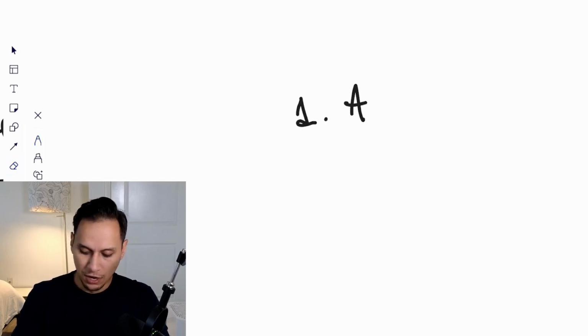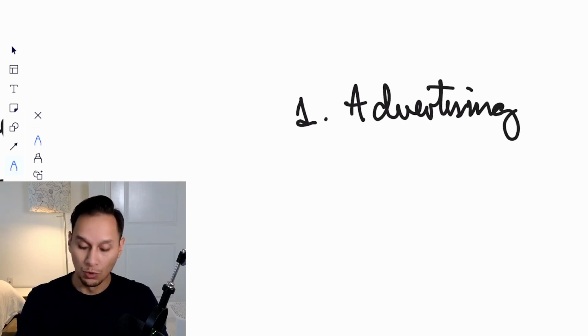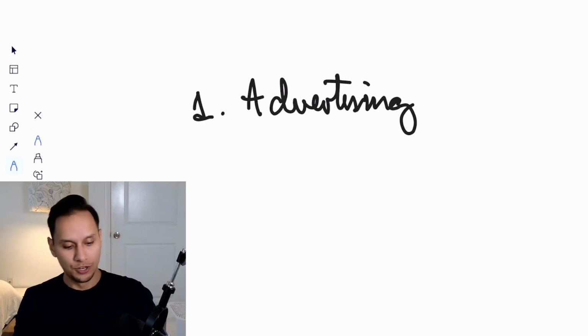Depending on how fast you want to grow your studio, right? If you're looking to grow really quickly, then advertising is your number one way. Now, why? Because with advertising, as I was saying earlier, you can pay to get people to know that you exist.